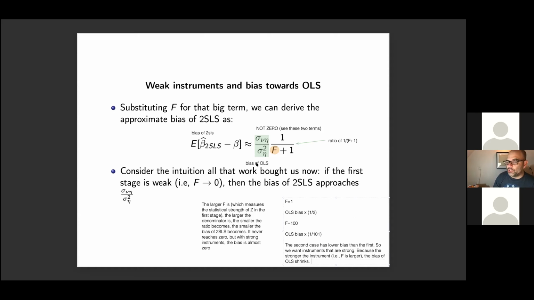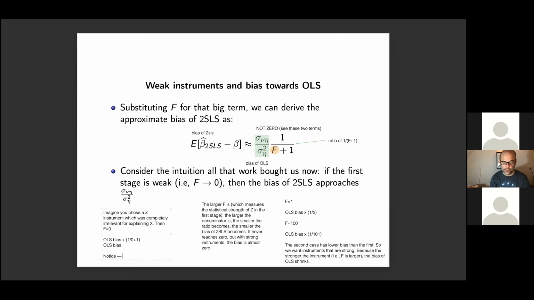But imagine you chose a Z instrument which was completely irrelevant for explaining X. Then the F would be 0. So you would have OLS bias times 1 over 0 plus 1, which is the OLS bias.